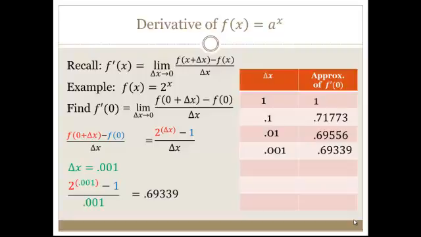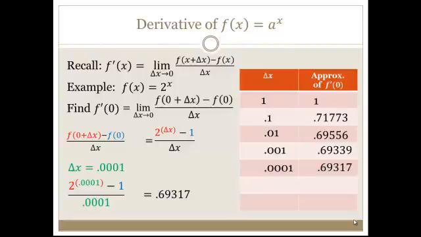Notice as we take delta x to be smaller and smaller, our approximations vary less and less. Now let's look at delta x equals 0.0001. Here we compute 2 to the 0.0001 minus 1 all over 0.0001, which comes to 0.69317.